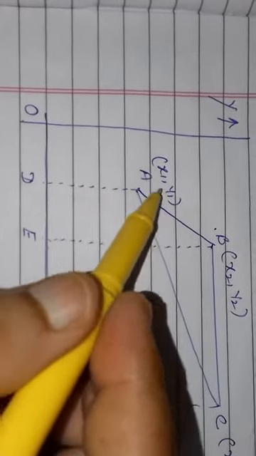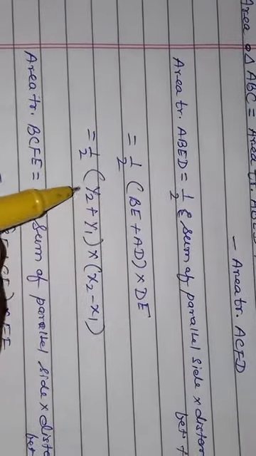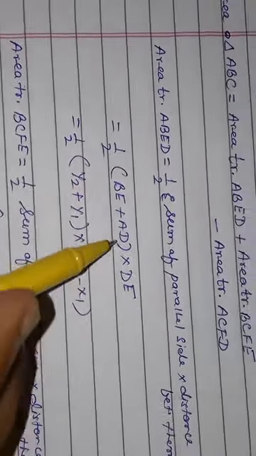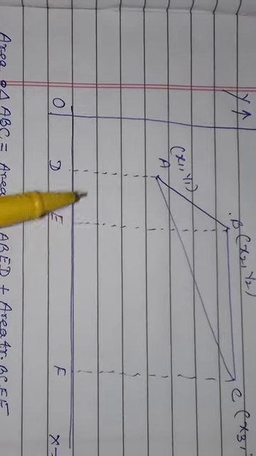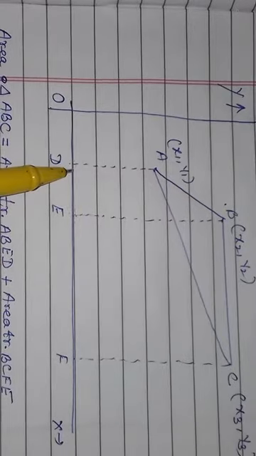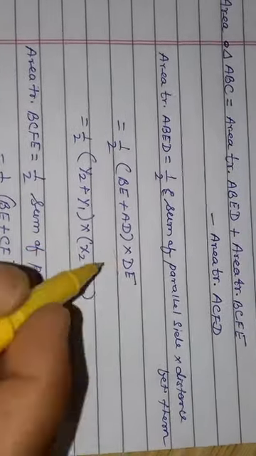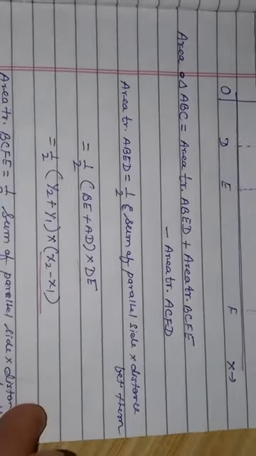So BE is y2 and AD is y1. Next DE. Since this distance is x2 and this distance is x1, this will be x2 minus x1. So it is written here, DE is x2 minus x1.